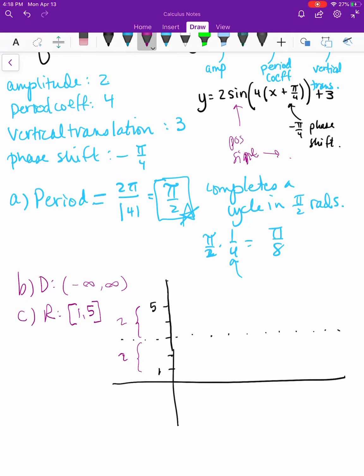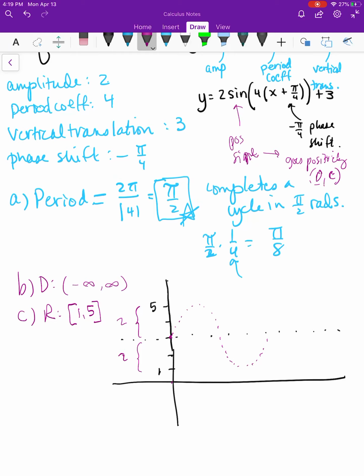I see that it's a positive sine function, okay? Positive sine. That means I know it goes positively through 0, 0, right? Whenever we're graphing a sine function, normally it goes positively through 0, 0.